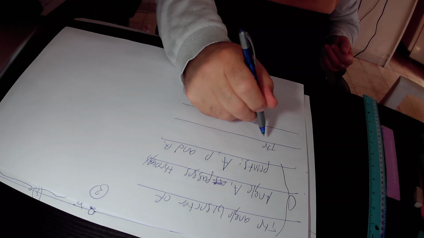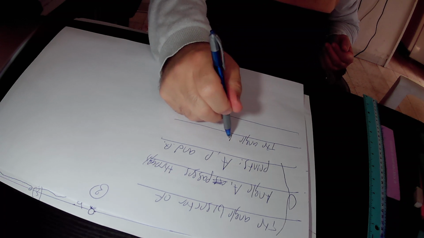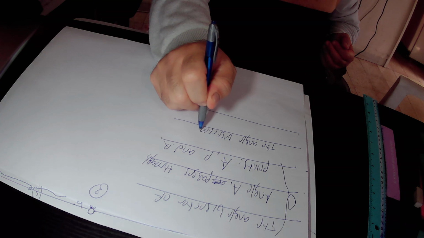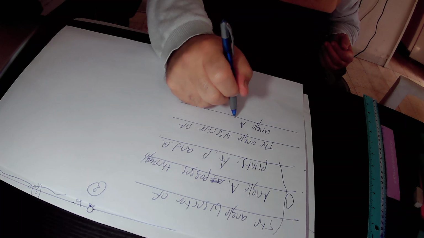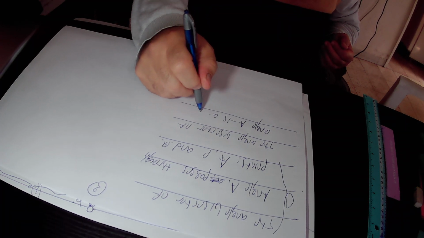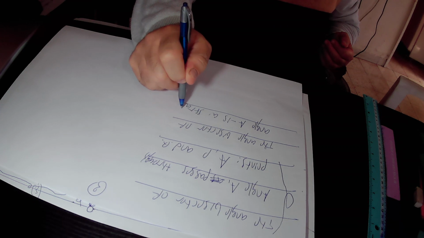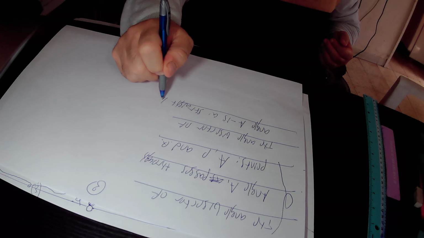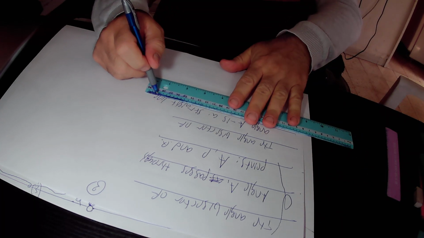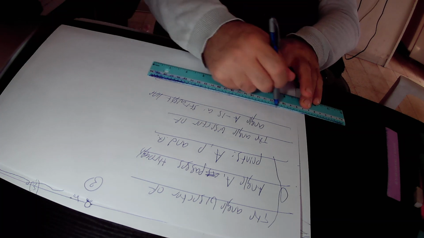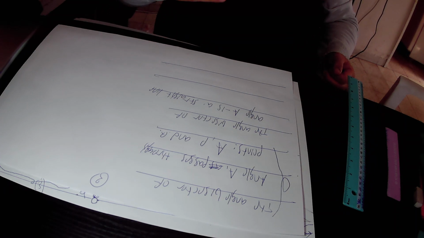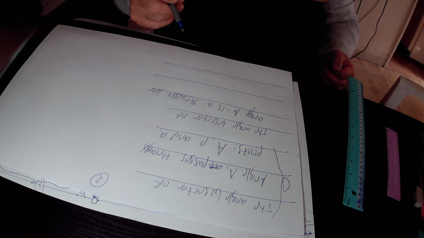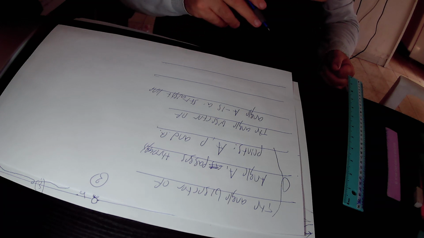The angle bisector of angle A is a straight line, and the 3 points A, P, and Q pass through the straight line that is the angle bisector of angle A.